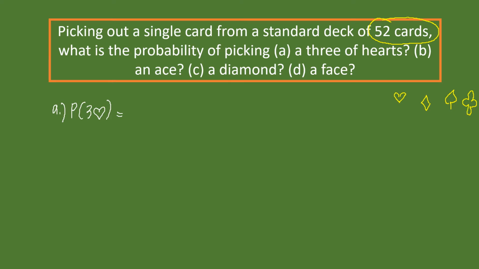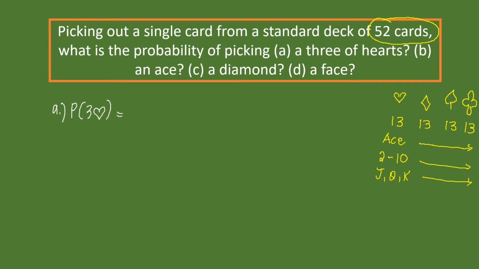And each of the suits has 13 cards each. In these 13 cards, we have the ace card, the cards 2 until 10, and the cards jack, queen, and king. This is also the same with all the other suits.